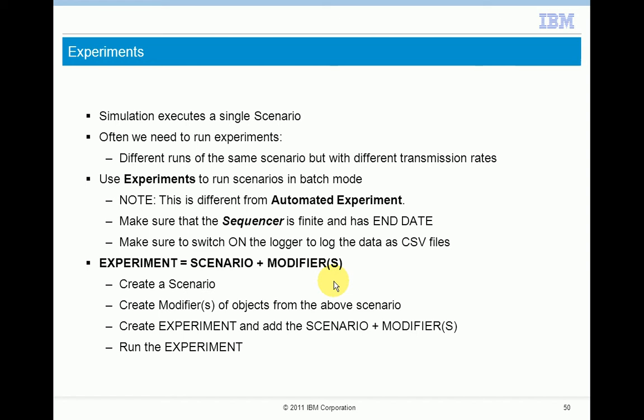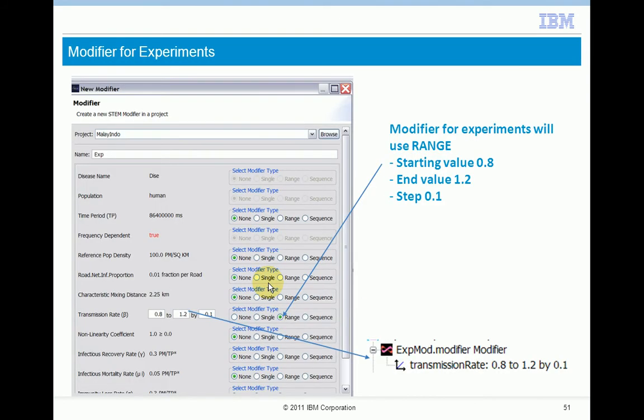Now you need to switch on the logger to log the data as CSV files that you want to use. In an experiment, you have your scenario, and then you have a particular modifier effect that you want to observe. That modifier effect is added to your scenario, and then you run the scenario.